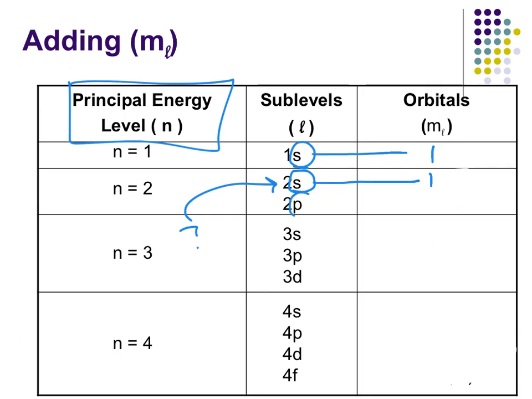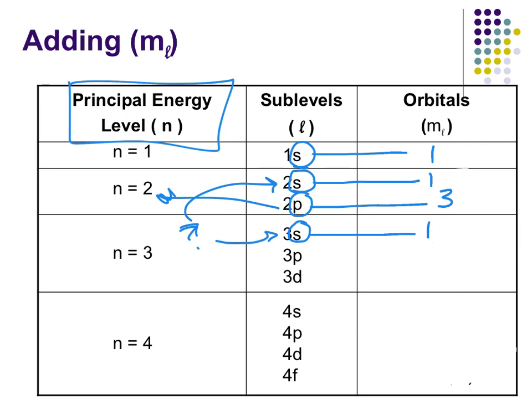When we look at the 2p, p's always come as a set of 3. Regardless of it again being in that second energy level, it is still going to come as a set of 3. How many orbitals would be in the 3s? Only 1. So what does the 3 represent? What is the 3? Again, the distance from the nucleus.